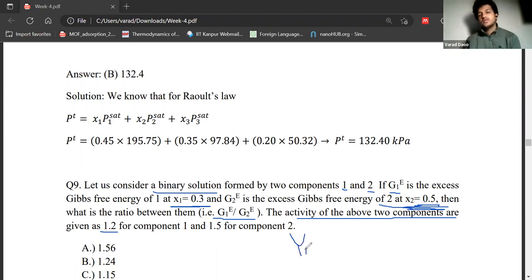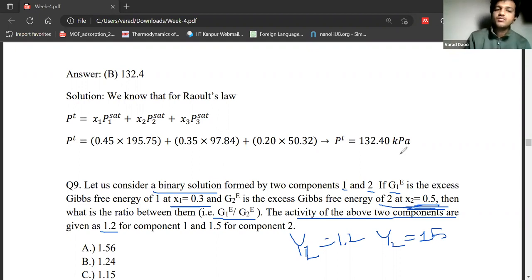So what is basically given? Gamma 1 has been given as 1.2, gamma 2 has been given as 1.5. The excess Gibbs energy at these conditions of mole fraction of 1 is G1E, and at these conditions of mole fraction of 2 is G2E. And what we need is the ratio of G1E by G2E.